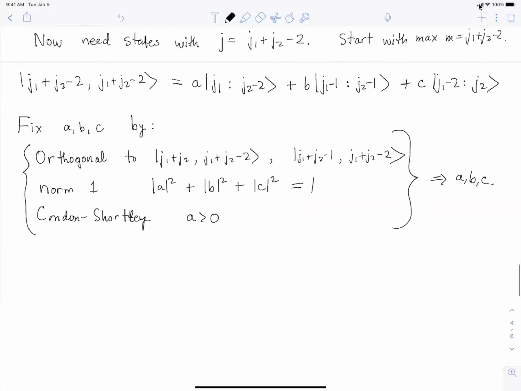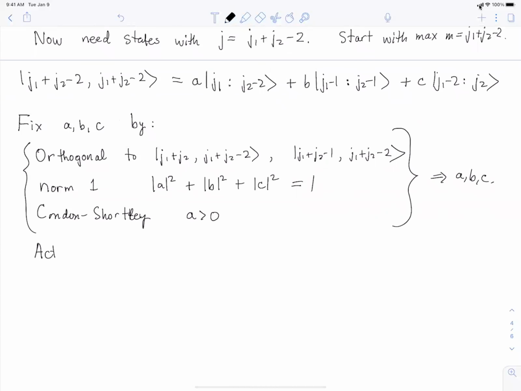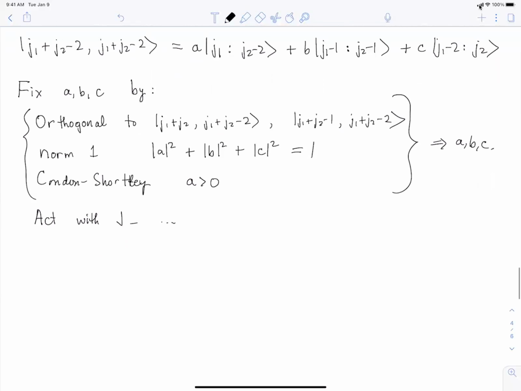Okay, and so now you act with J minus again until you can't anymore, until you get 0. And then you use orthonormality again. Okay, and you keep alternating using J minus and orthonormality.